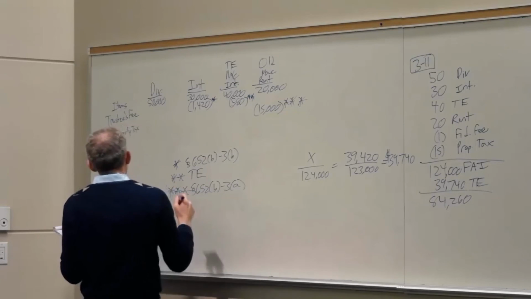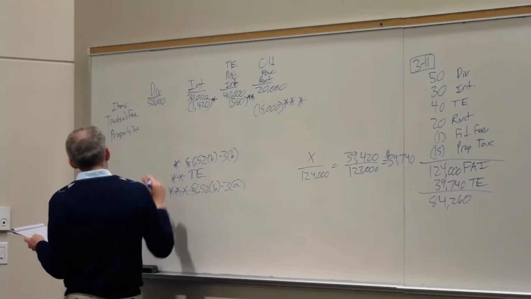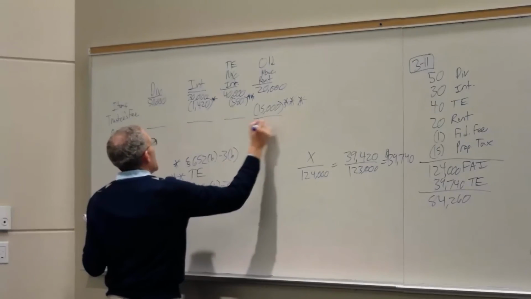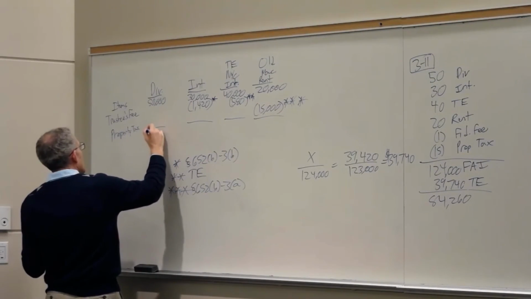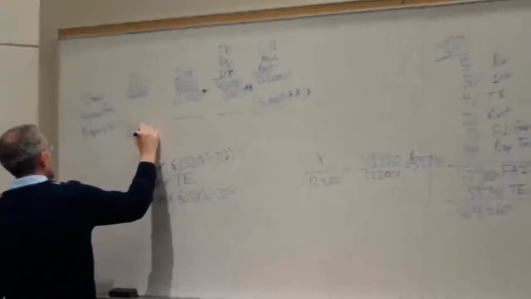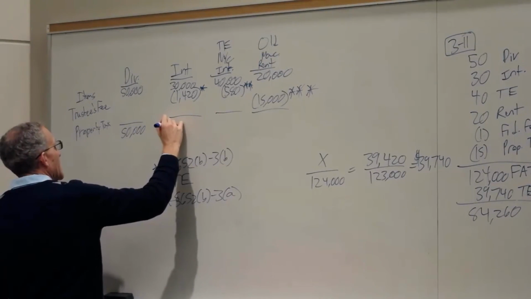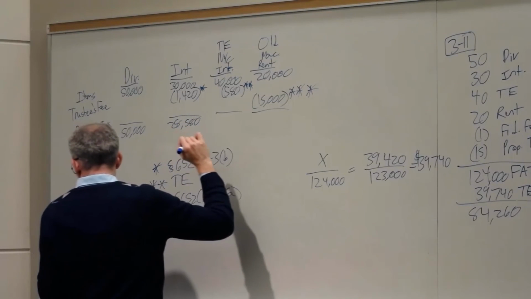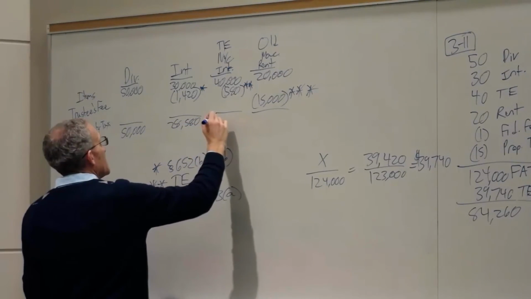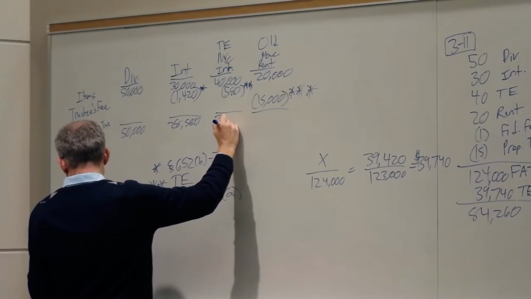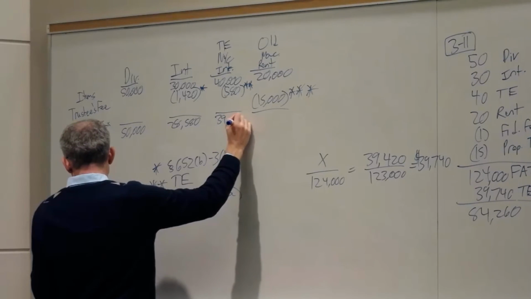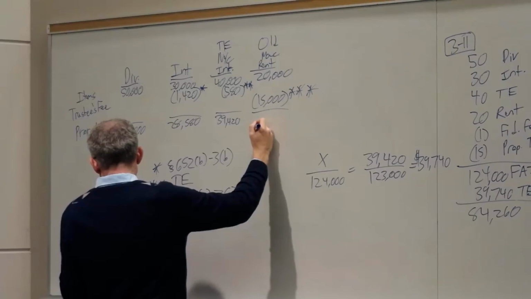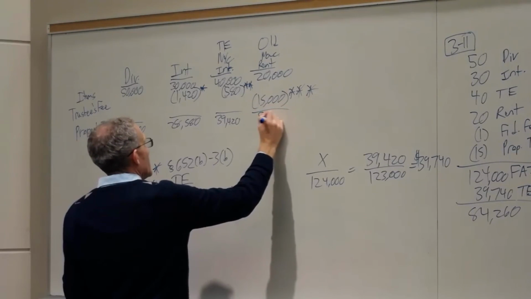So, and this, guys, is directly from the example of the regulations, nothing original here. And if you go through this, you have $50,000 in dividend income, $28,580 of Chrysler interest, $39,420 of New York City interest, and the rent is $5,000.